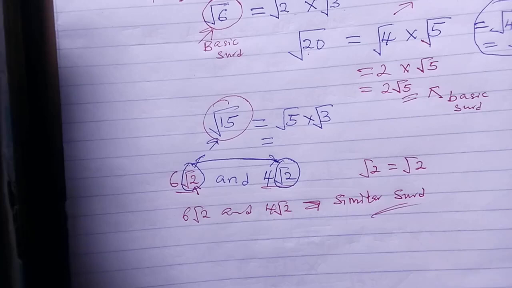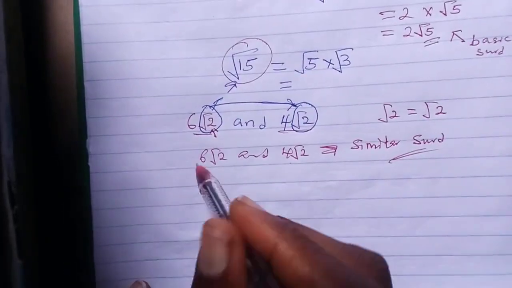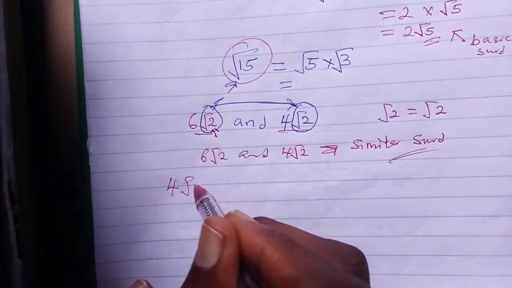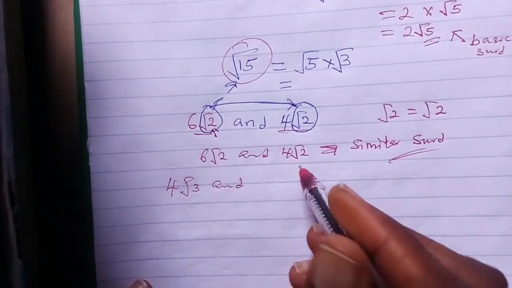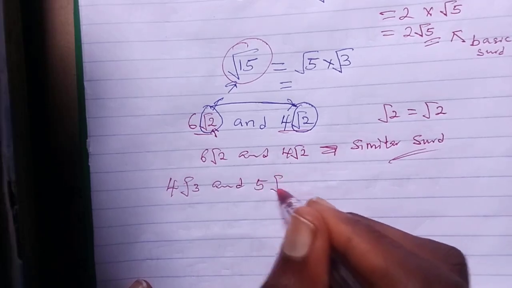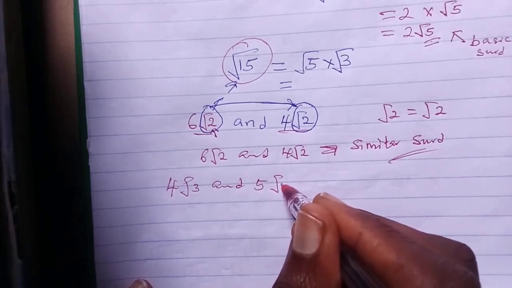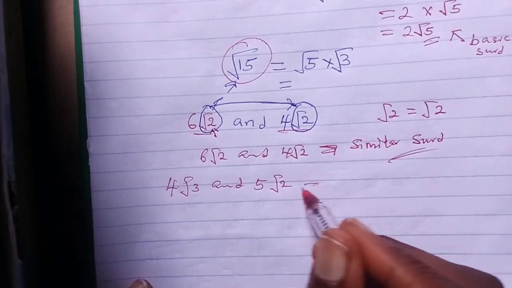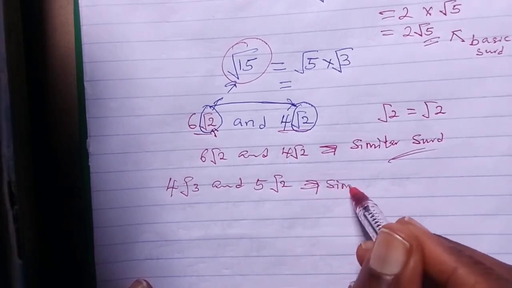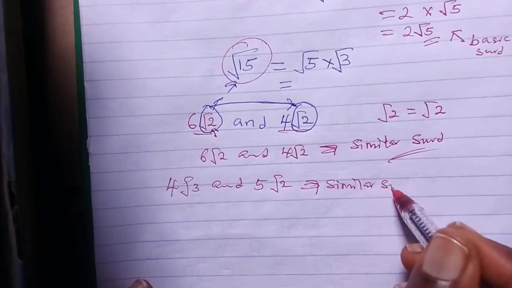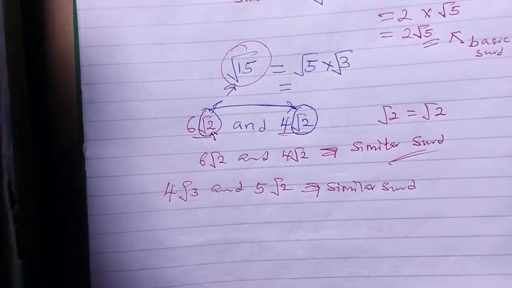So what about a surd like this? Let me say 4 root 3 and let me say 5 root 2. These two surds are not similar surds. Why are they not similar surds?